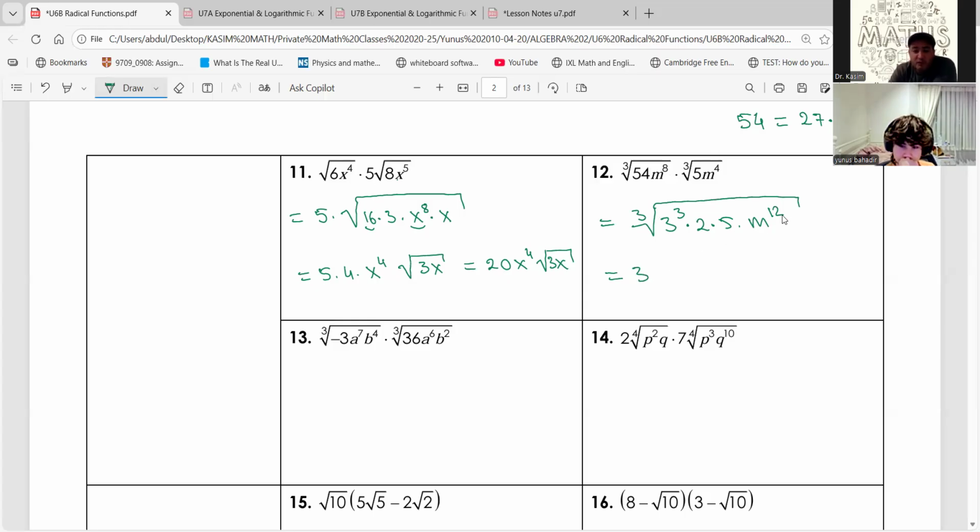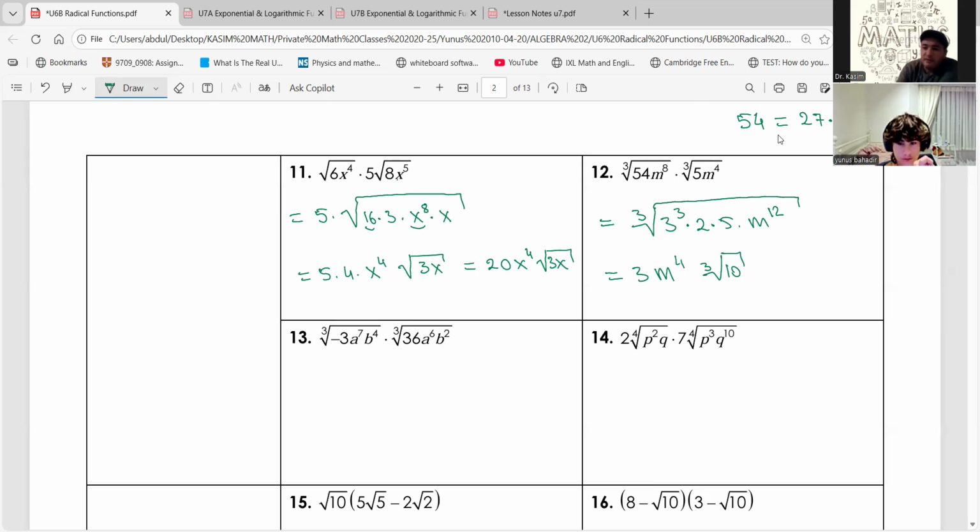And 12 is divisible by 3. If we divide 12 by 3, this is 4. So here we have m to the power of 4, and here we have the cube root of 2 times 5, which is just 10.